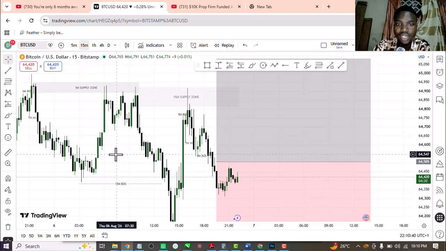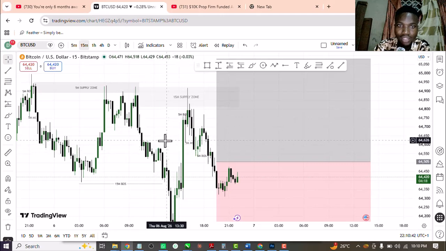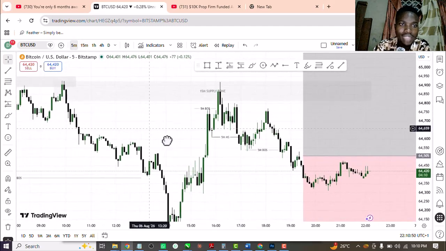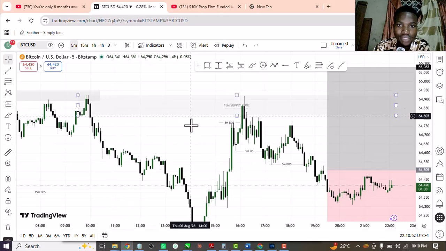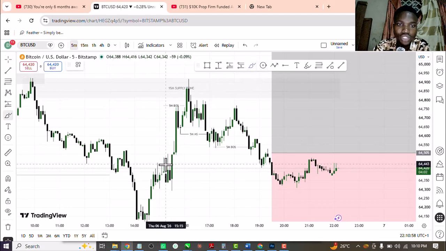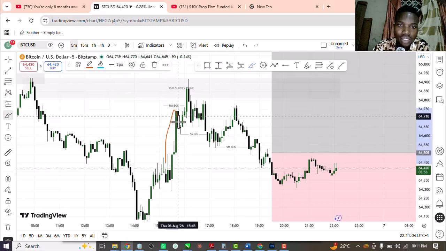So now let me explain the trade idea to you, and my confluences before I entered this trade. I came down to 5 minutes. I see that this is my 15-minute supply zone, and I see my trading plan being worked out as well. Price was creating higher highs, higher lows, then this is the last high.